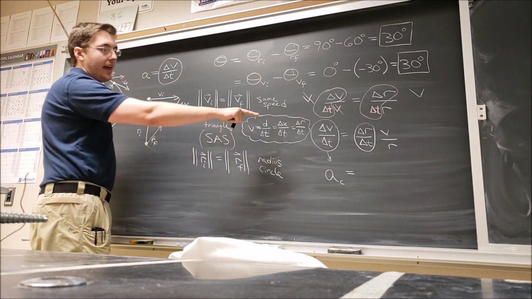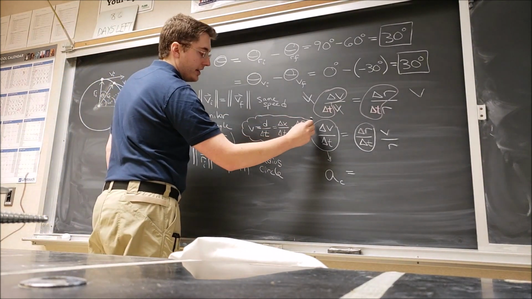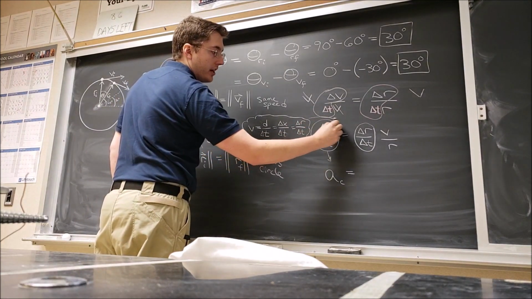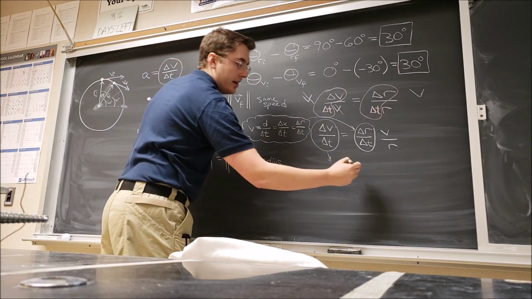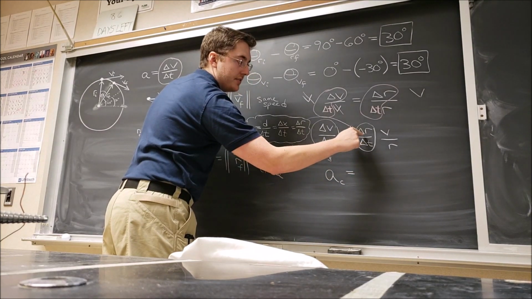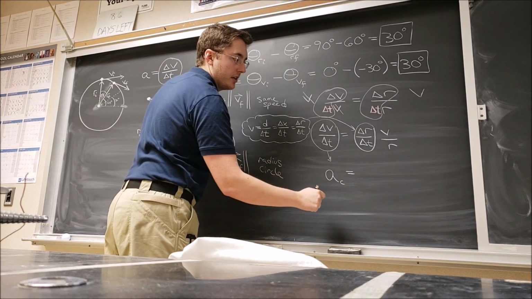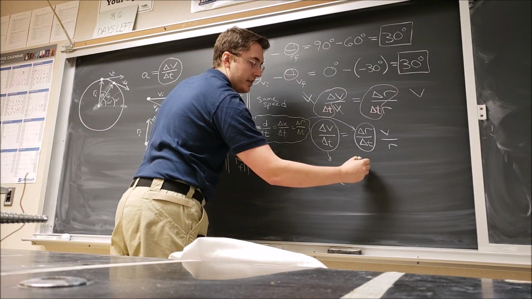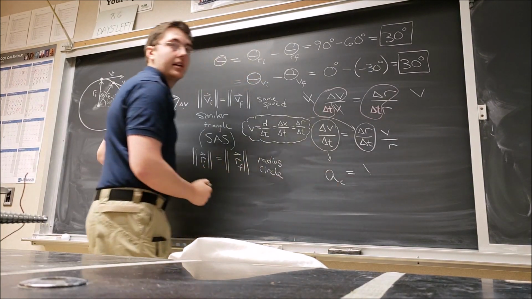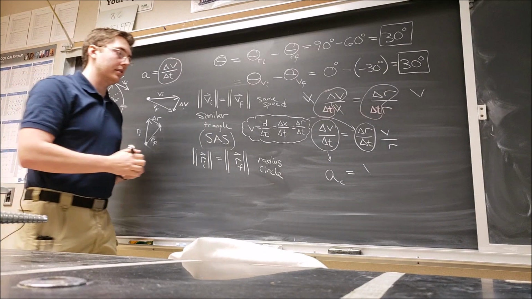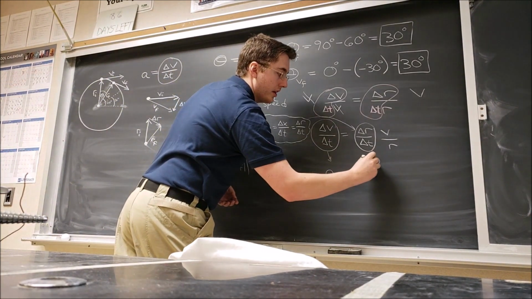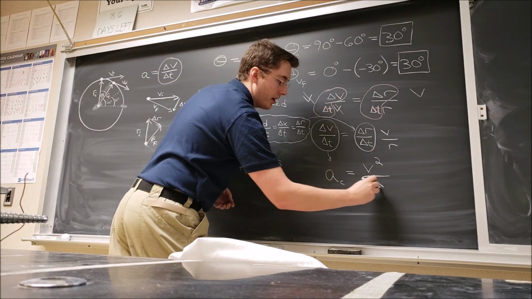And so because of that, we can plug that in for here to just be v. And so now we have, this is v, and multiplied by another v gives us what? What's v times v? V squared. So on the top you have v squared, and on the bottom you have r.